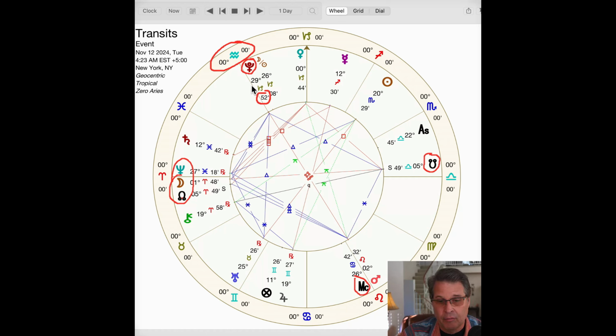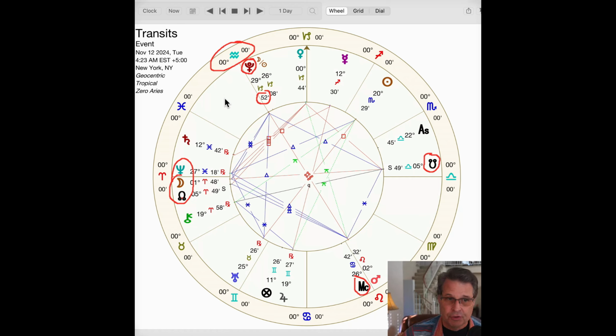We're hearing with the new plans that a lot of old things that don't serve in our country might be dealt with. We'll see. That would be moving from Capricorn into Aquarius. Things that don't serve us anymore.